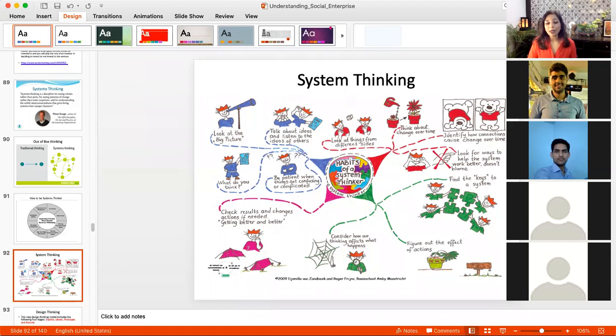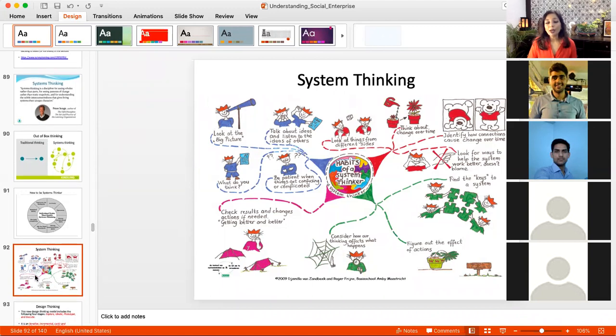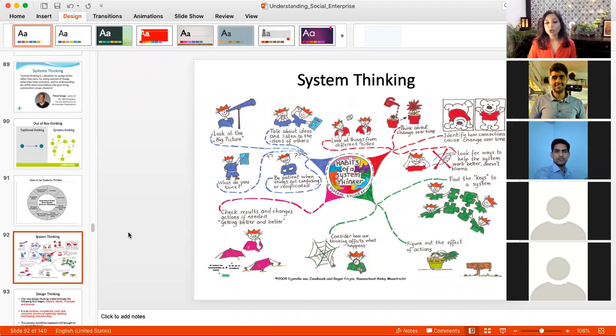In fact, I do give this exercise to my students when I'm teaching the course on social enterprise, that you identify a problem and draw the various parts to it, a labyrinth of multiple factors, and then connect it to arrive at the best possible solution. So it's a good exercise for you individually also to undertake if you want to learn how systems thinking is done.